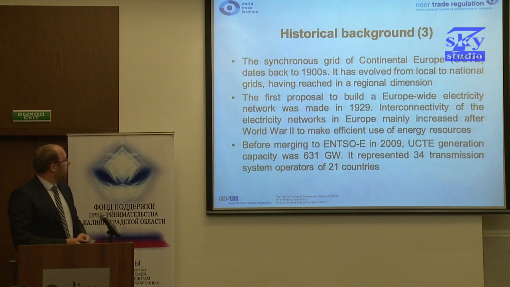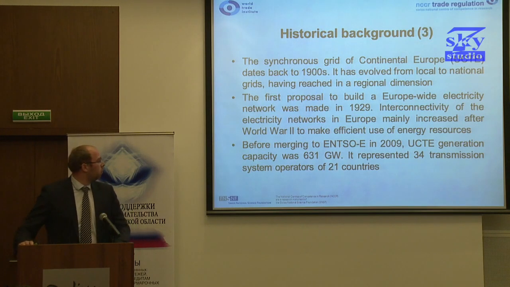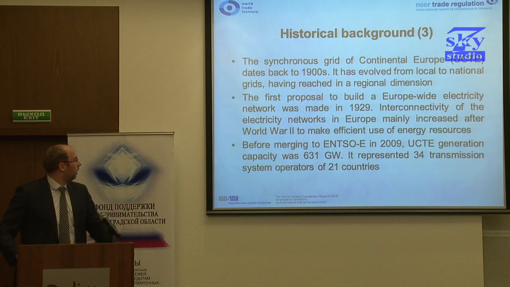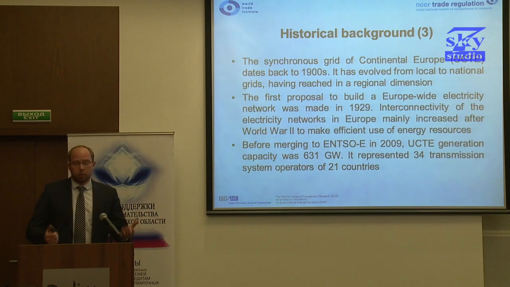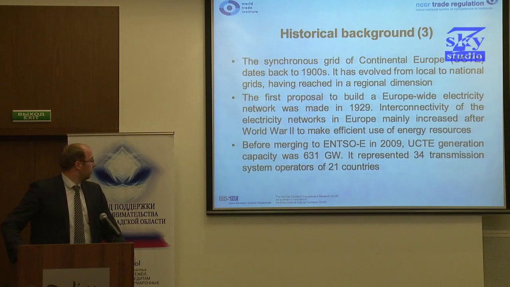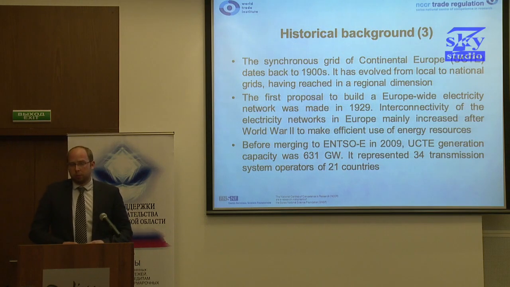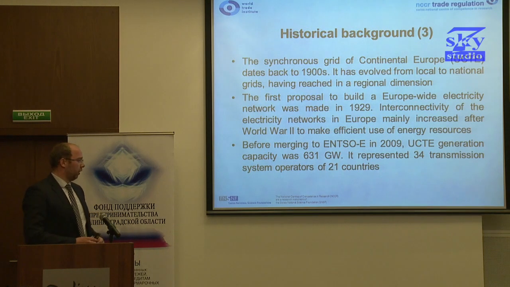Now, the synchronous grid of continental Europe dates back to 1929. The idea back then was to build an electricity system which would cover the territories of all the European states. Before merging into the European Network of Transmission System Operators for Electricity, the continental European grid capacity was 631 gigawatts, and it represented 34 transmission system operators in 21 countries.